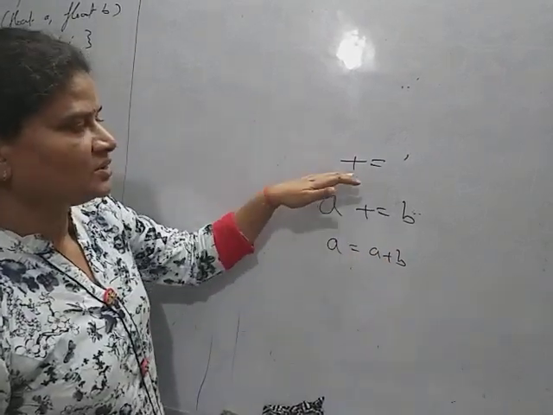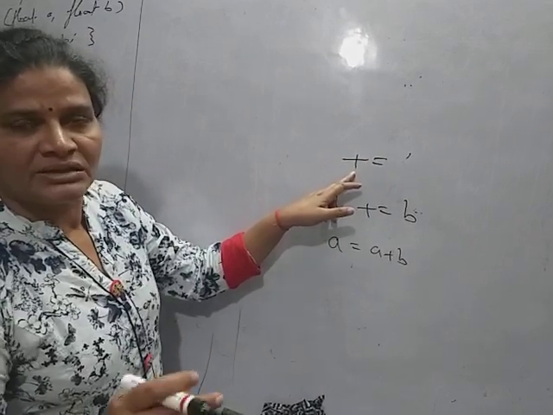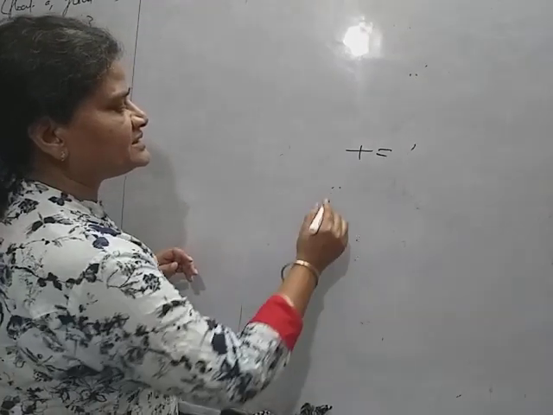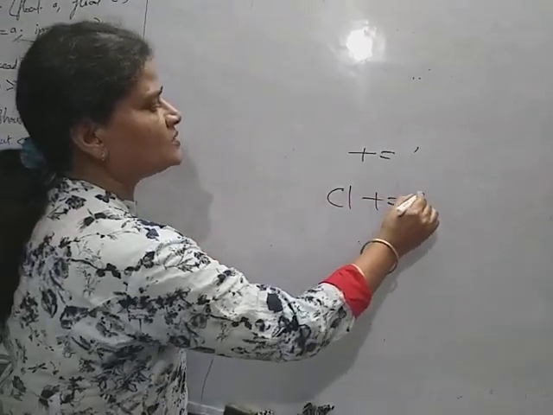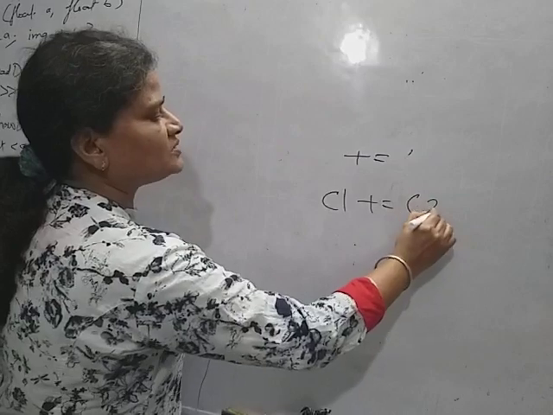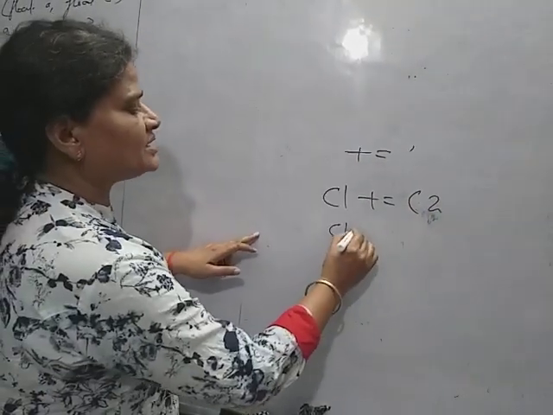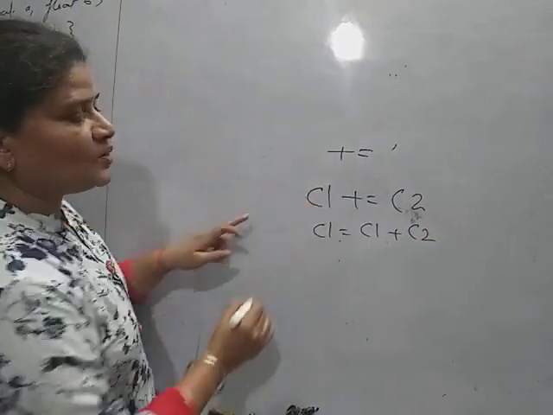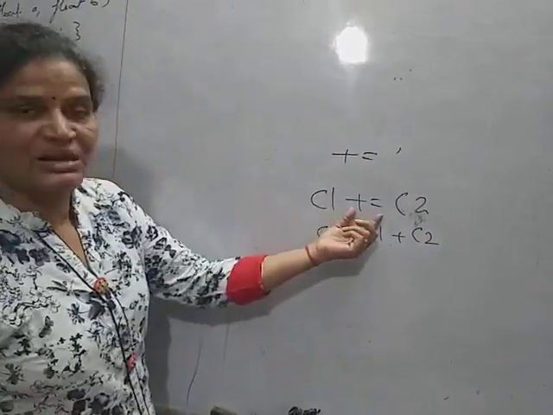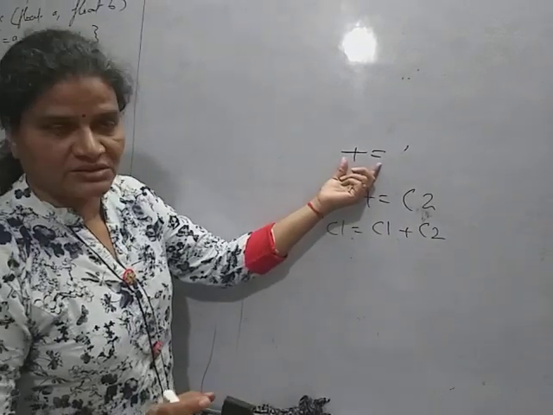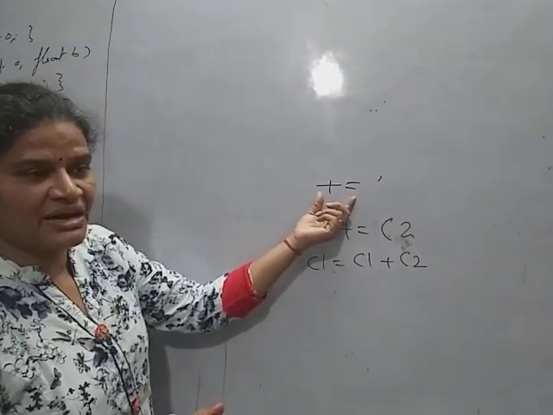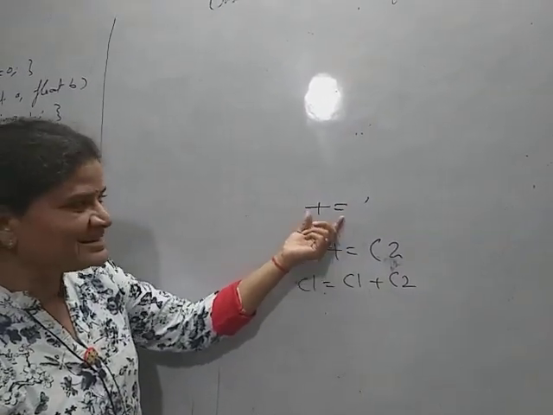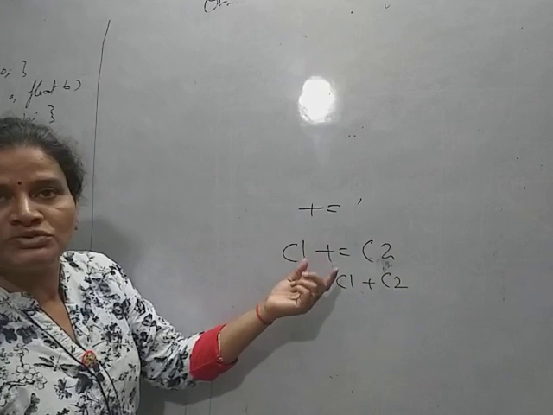Now I want to overload this operator on the user defined objects of the complex class. So when we write, say, C1 plus equal to C2, what is the meaning of this? C1 equal to C1 plus C2. The meaning of the plus equal to operator is defined for the basic data types, and I want to extend its meaning for the user defined data type.